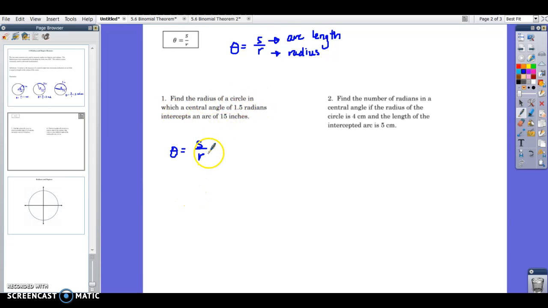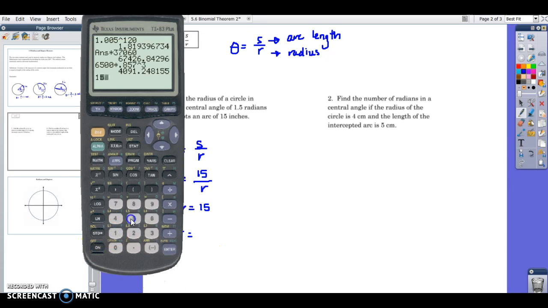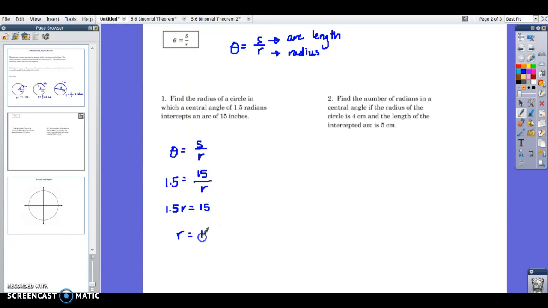It says find the radius. The central angle is 1.5 and the arc is 15, and we're trying to find R. So we've got 1.5 times R is equal to 15, so R ends up being 15 divided by 1.5, and that gives us 10. So our radius is 10 inches.